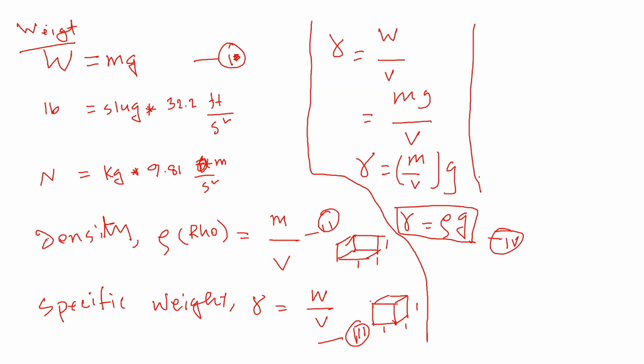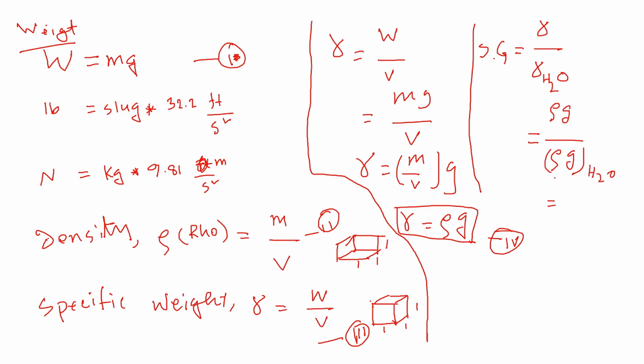Now one more thing called specific gravity, SG, which is how heavy something is with respect to water. So gamma of the liquid over gamma of water, and then we can convert this with rho. For instance, instead of gamma of some liquid, we can write rho g from this equation, and then we can do the same thing for water, rho g for water.